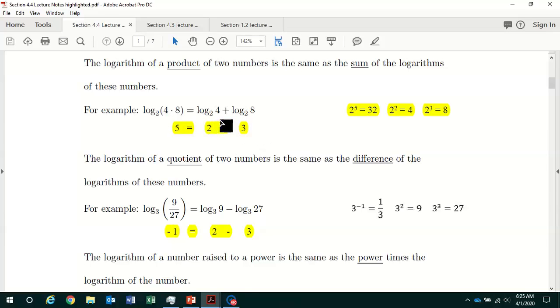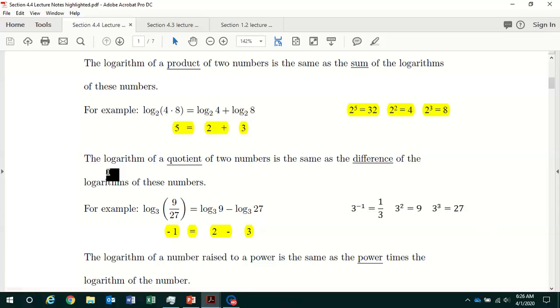Well, log base 2 of 4 is equal to 2, because 2 squared is equal to 4. And log base 2 of 8 is equal to 3, because 2 cubed is equal to 8. And so we got 2 plus 3 on the right-hand side, which indeed is equal to 5. So this is a demonstration with real numbers that the product rule works.